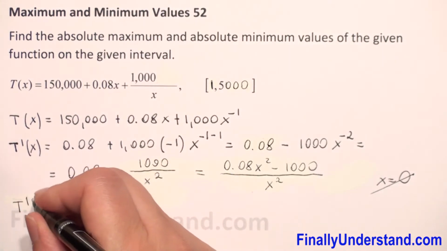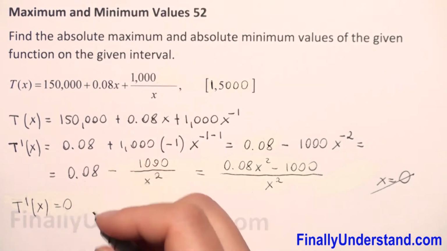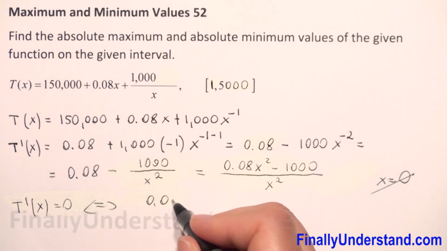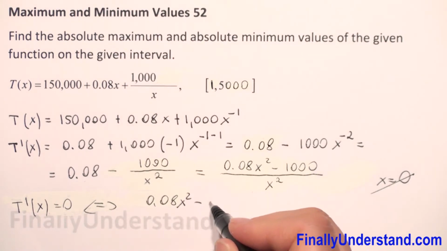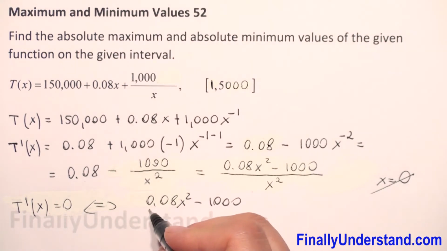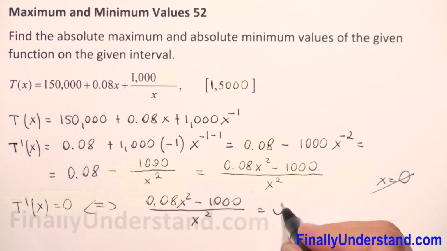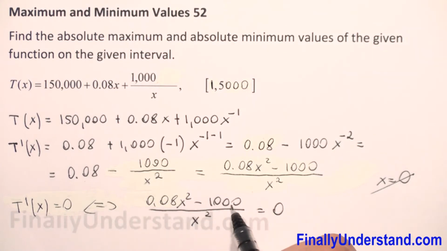So T prime of x is equal to 0 if and only if we have 0.08 x squared minus 1000 over x squared is equal to 0. The denominator cannot be 0, so we have only the numerator. So we have 0.08 x squared minus 1000 is equal to 0.